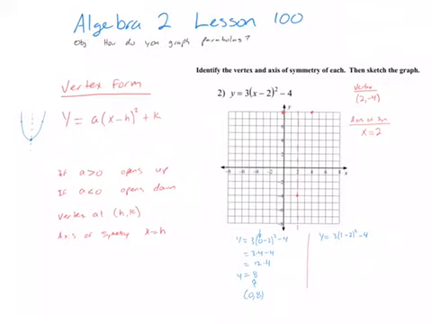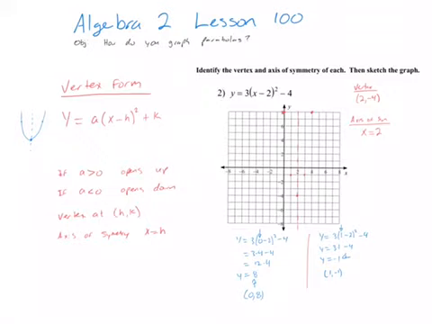Negative 1 squared is going to give me positive 1. So it's going to be 3 minus 4, so it's going to be negative 1. So that means I have the point where x is 1, y comes out to be negative 1. Then I can graph that point here.